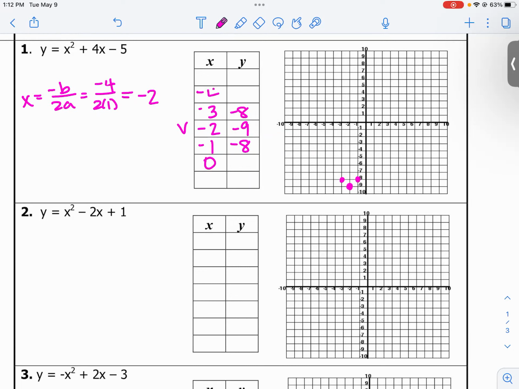Then we plugged in -4 and 0. Plugging in 0 is the easiest thing to do, because anything with an x is going to be 0, and then we're left with -5.